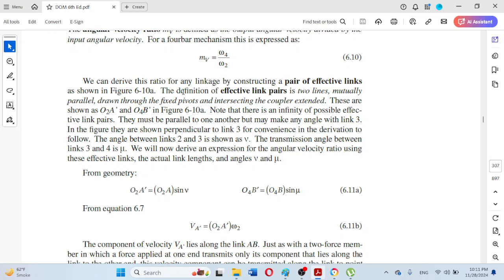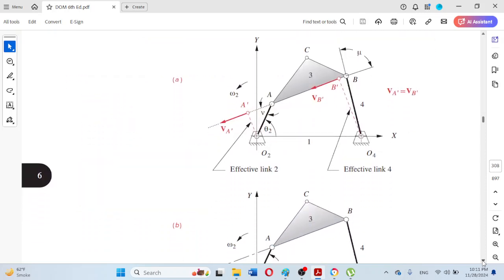It states that the definition of the effective link pair is two lines, mutually parallel, drawn through the fixed pivots and intersecting the coupler extended. So the effective links are two parallel lines which pass through the crank grounded pivot and the rocker grounded pivot.